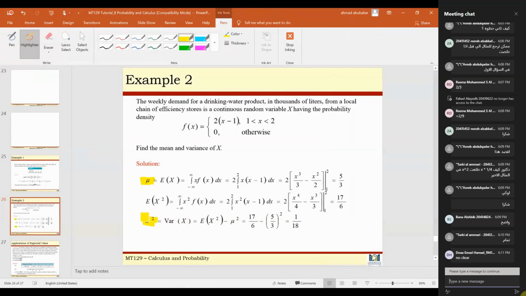To find the variance we must find the mean, because the variance must use this formula: E of X square minus mu square, or expected value square. Any other question?